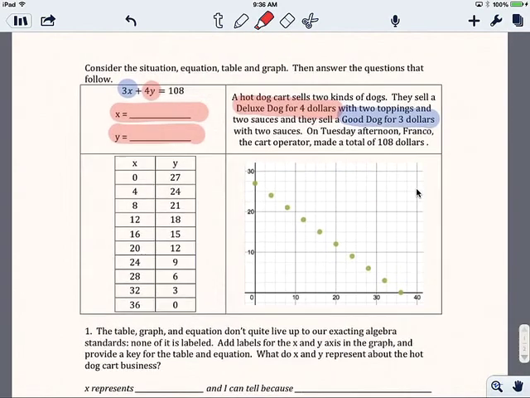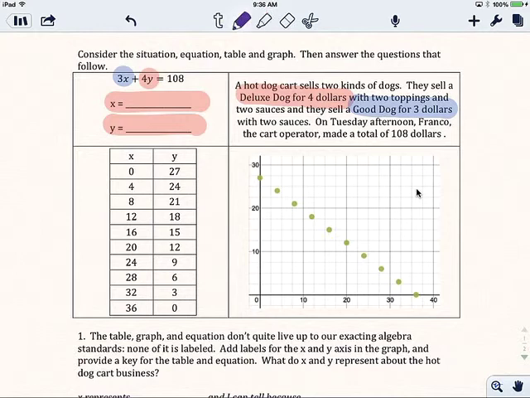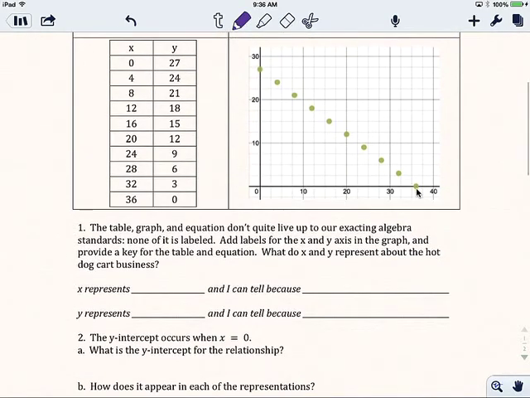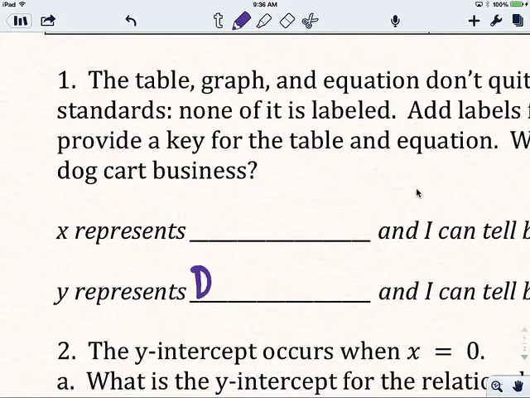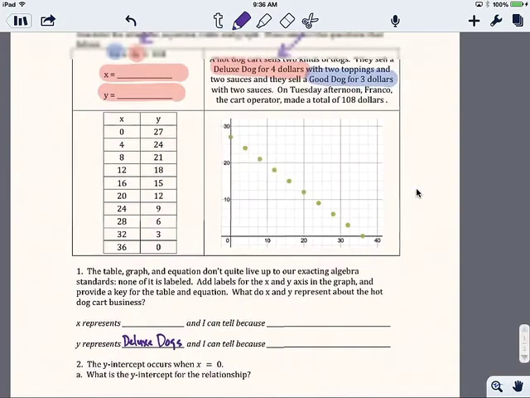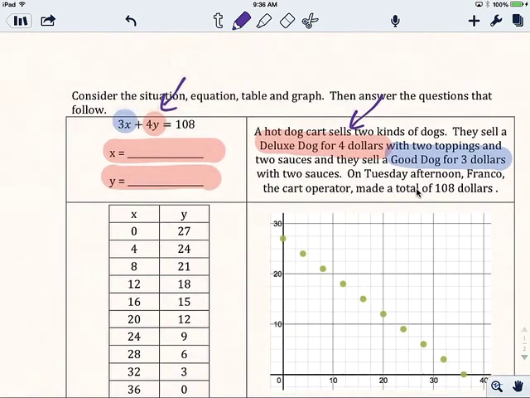All right, so I'm going to go back to my small insight here regarding the deluxe dogs for $4 and that showing up as 4y there. And so that tells me that y represents, I think, deluxe dogs. And the reason I think that is that since deluxe dogs are $4 and the 4 shows up next to the y, the rate for y is 4 and the deluxe dogs rate is 4.